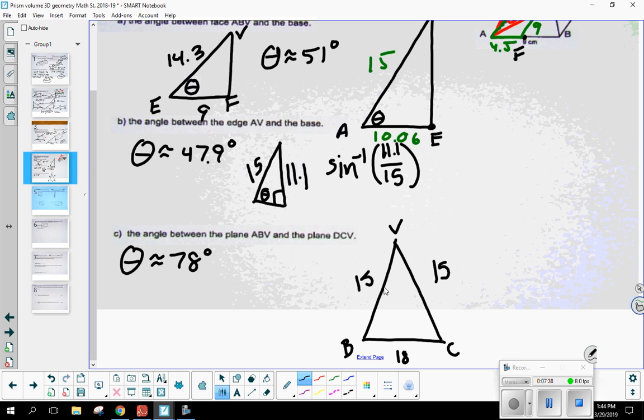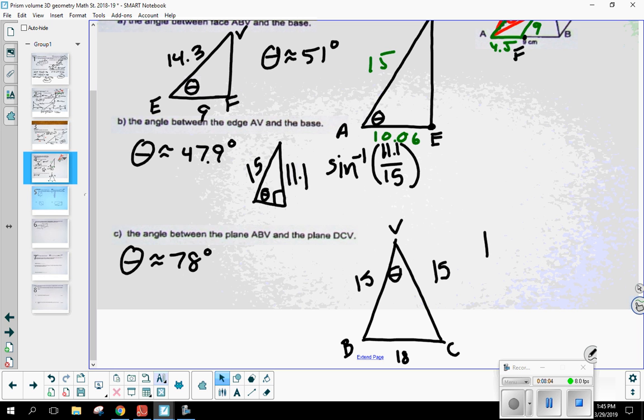Law of cosines? We could do that, yeah, absolutely. So let's say this is my theta. Let me get a marker here. All right, so side, side, side. If I'm looking for angle V, Karime, what would start my equation? 18, very good.